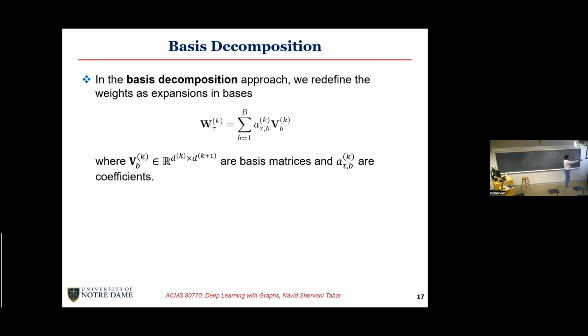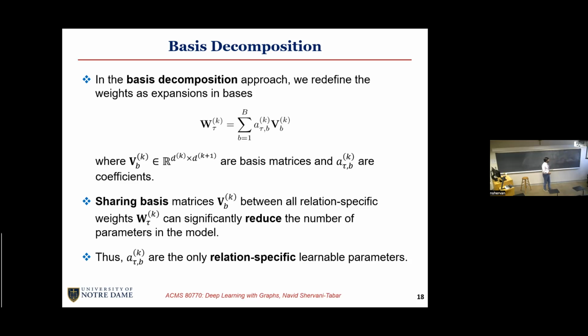And I have a vector of these coefficients for computing each W. So now, in order to reduce the number of parameters that we deal with, what we do is share these bases. Instead of having hundreds of thousands of matrices, I define 100 matrices, and these are shared across all different weight types. And I decompose my weight types in these bases.